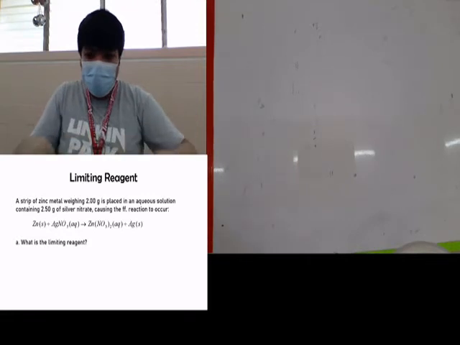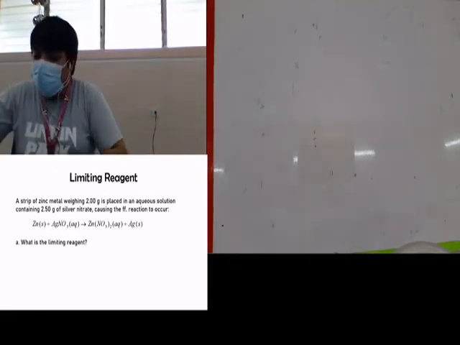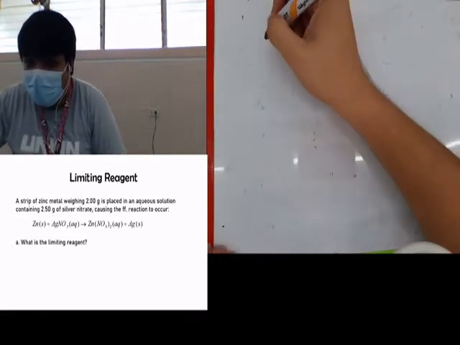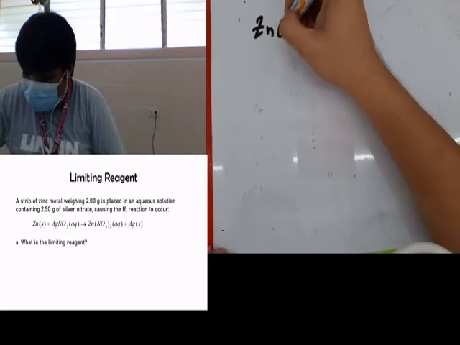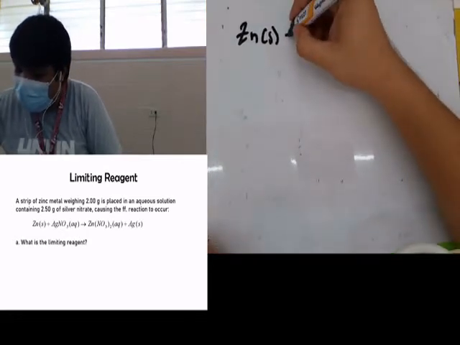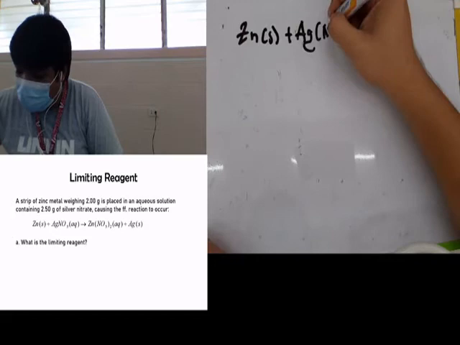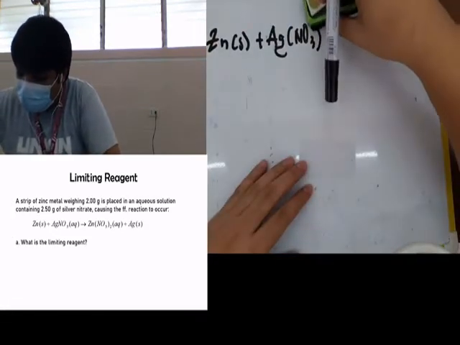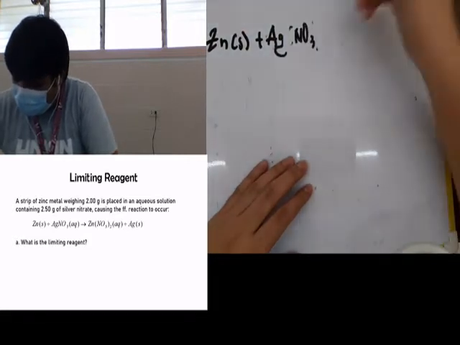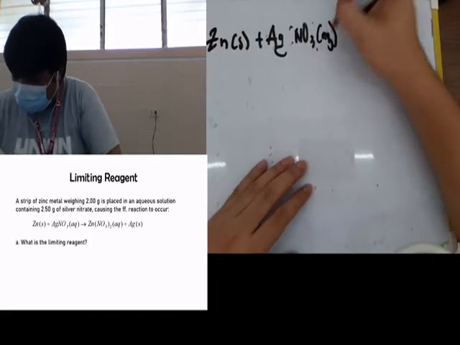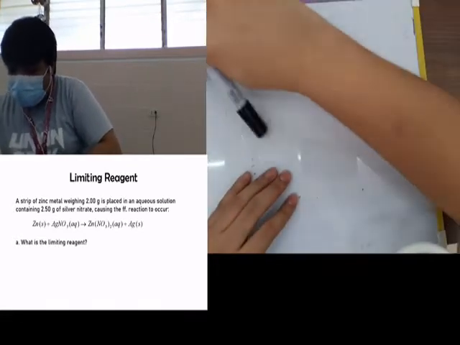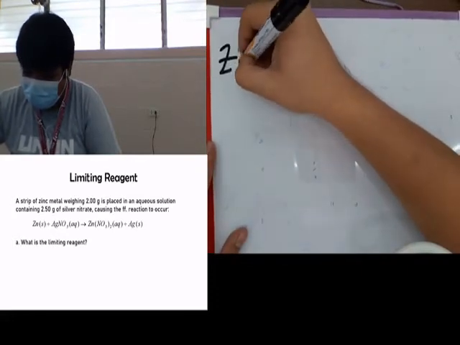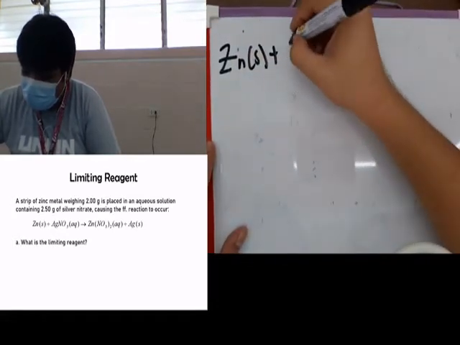If you can see the whiteboard, we have zinc, which is in solid form, and the silver nitrate is dissolved in water.